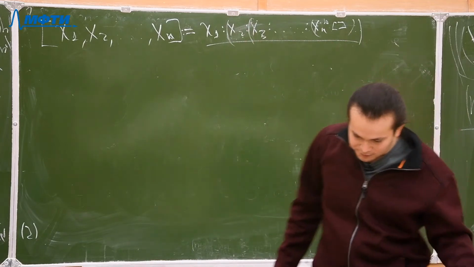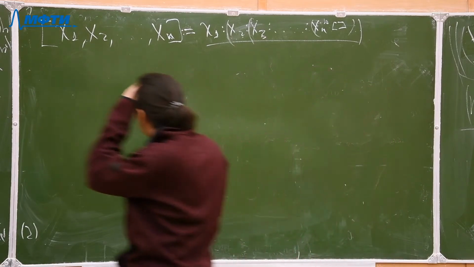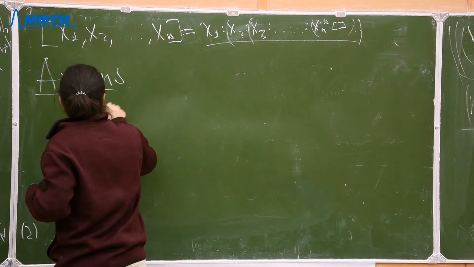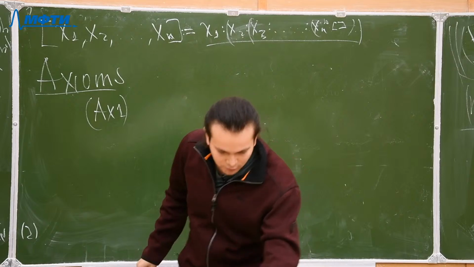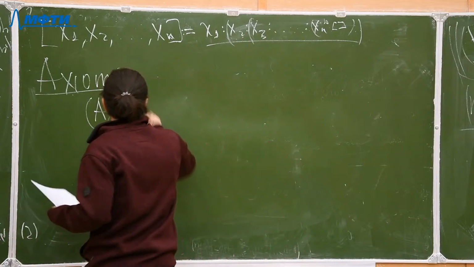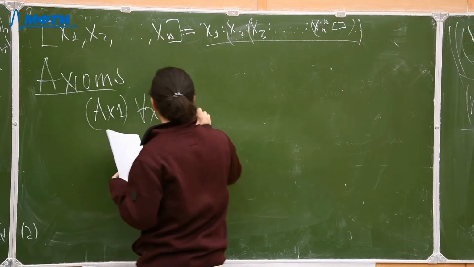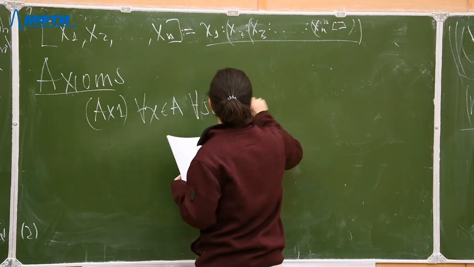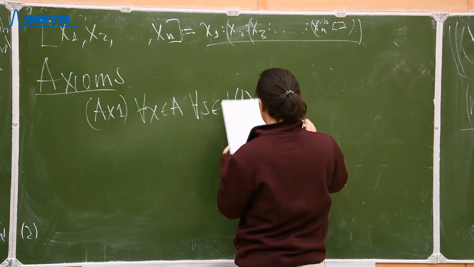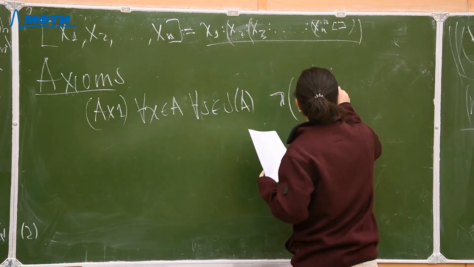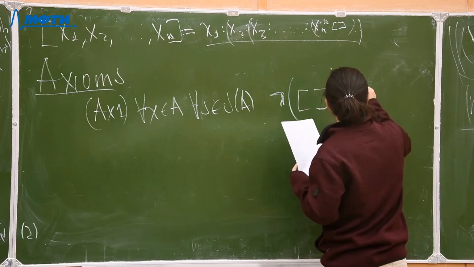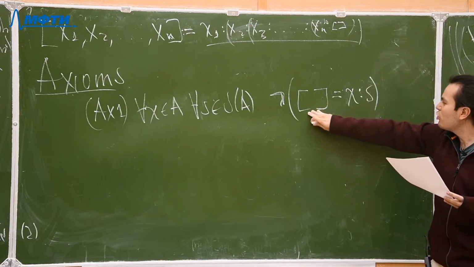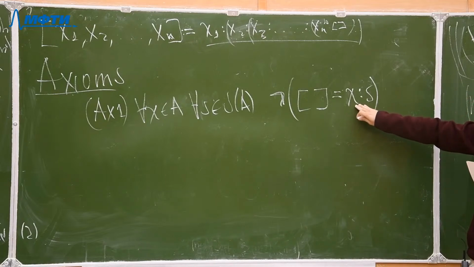What else? We have a couple of axioms. Number one is that for any symbol of A and for any string of A, x:S is not equal to the empty string.